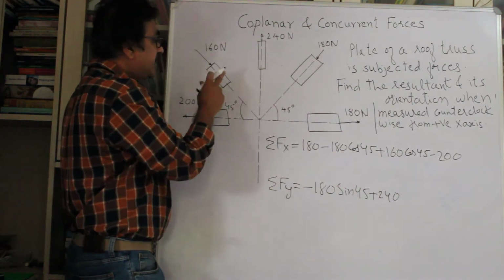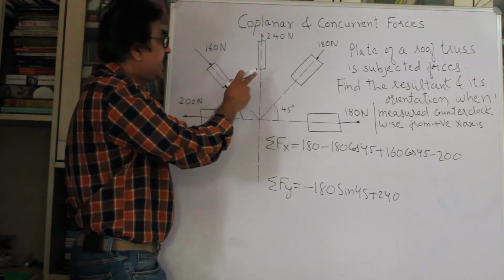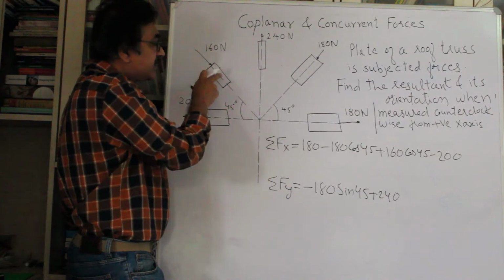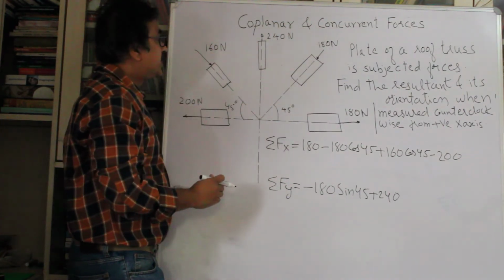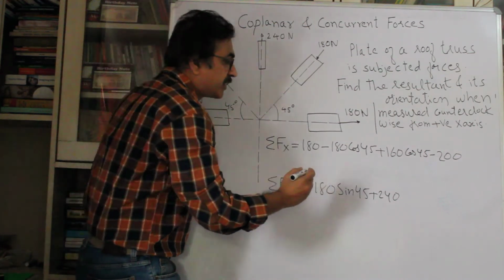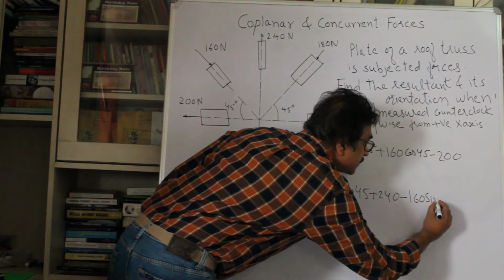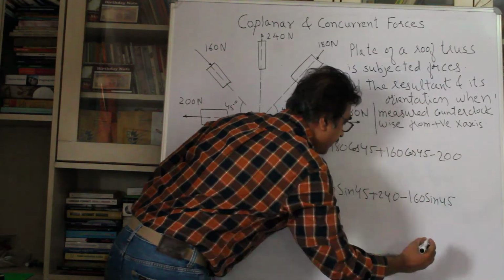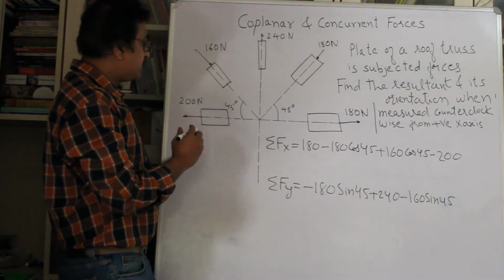This force 160 sine 45 will be the vertical component, right? And look at the arrowhead, it's towards origin. When you resolve it vertically, it will be pointing downwards. So it is minus 160 sine 45.